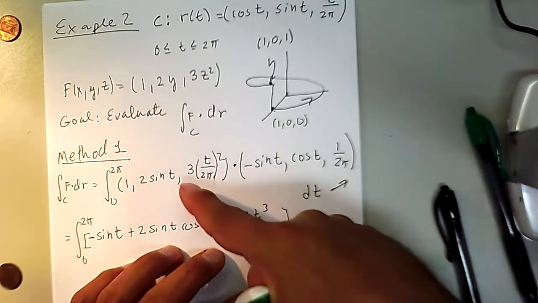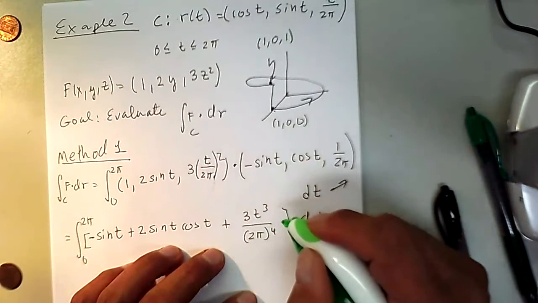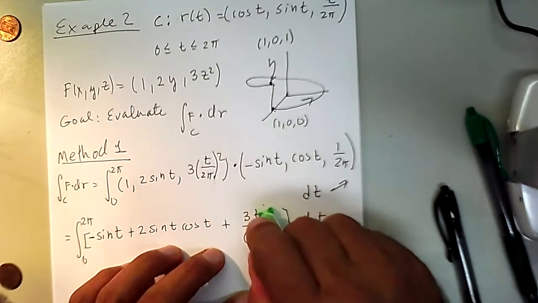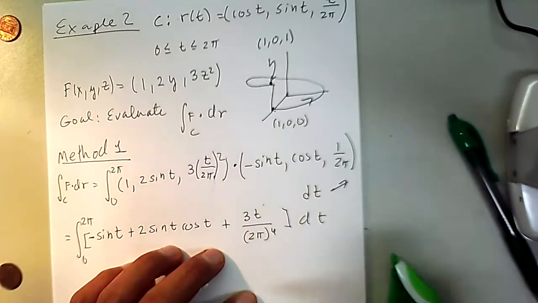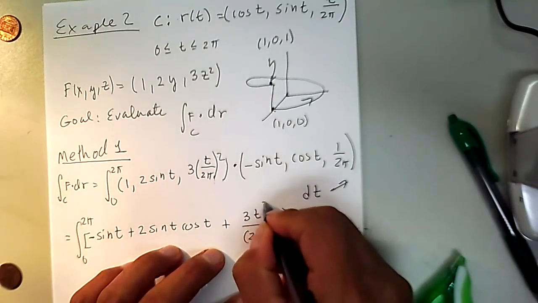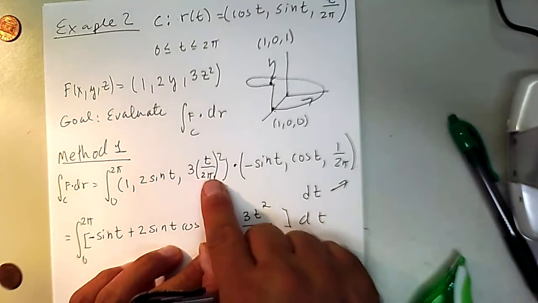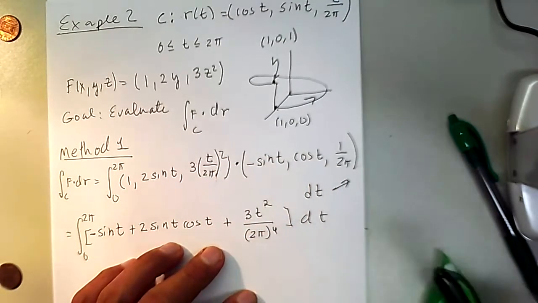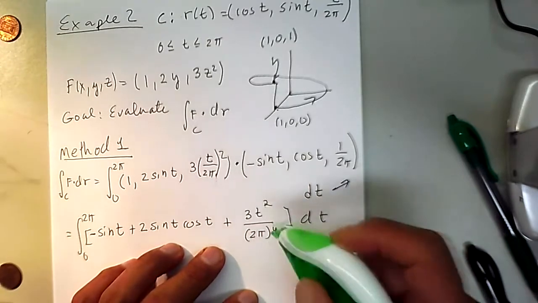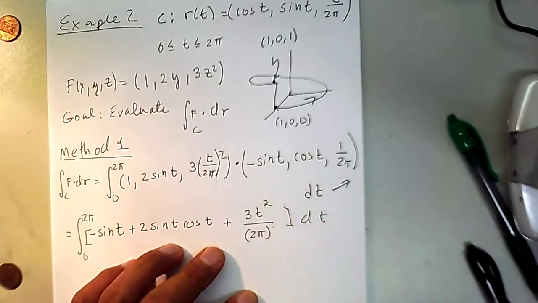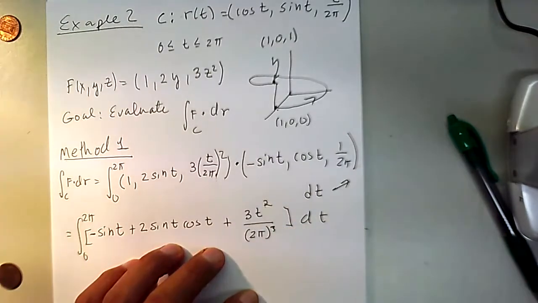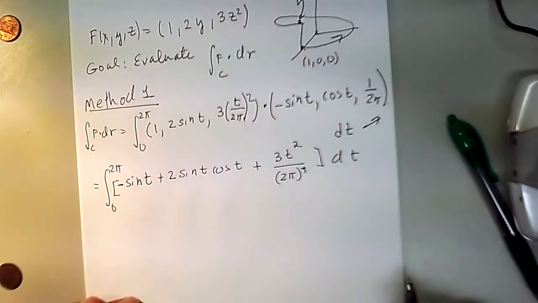So we have 3t squared. Yep, so this should be a 2, the exponent. And then 2 pi squared times another 2 pi, that should make it 2 pi cubed. There we go. Okay, good. Now I feel better about this.